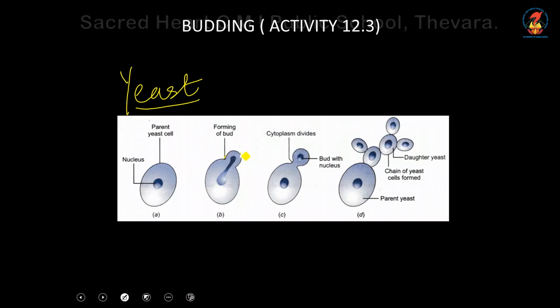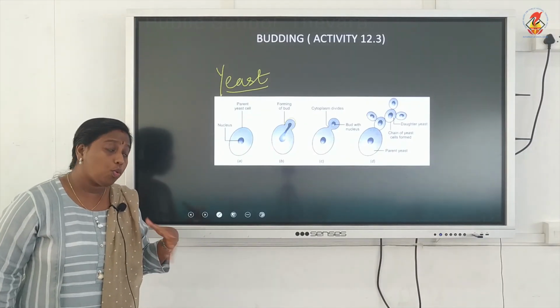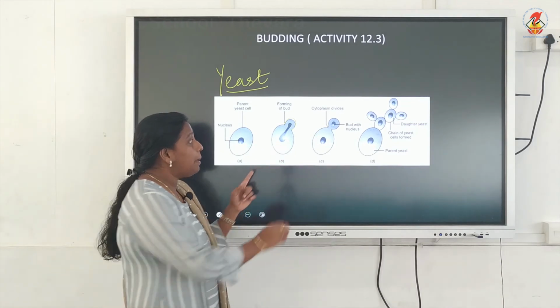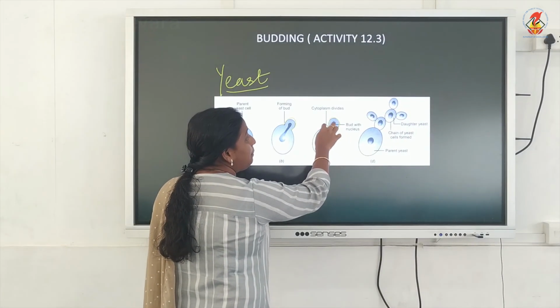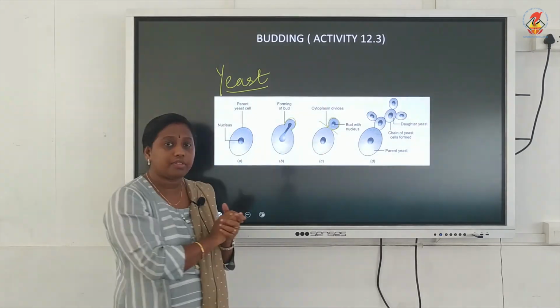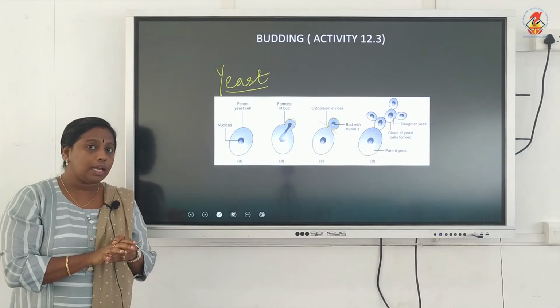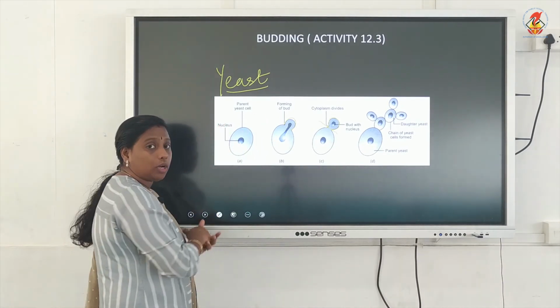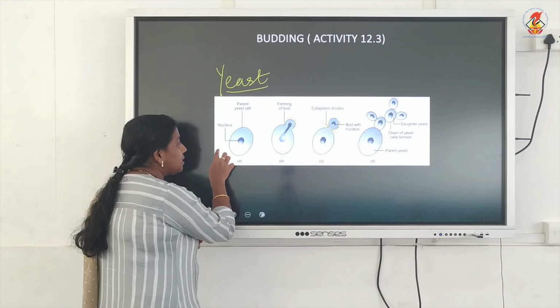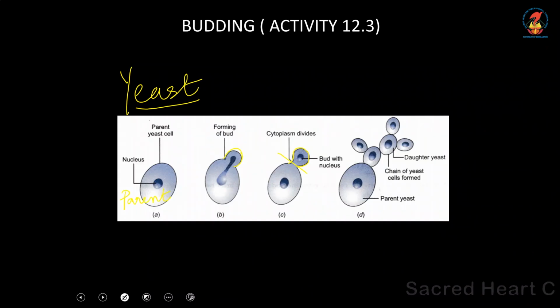A small bulging is coming out of the body of the yeast. And what happens to this bulging? The bulging will be enlarged and slowly the bulging will get separated from the body of the yeast. The yeast on which the budding is occurring, you call it the parent cell.